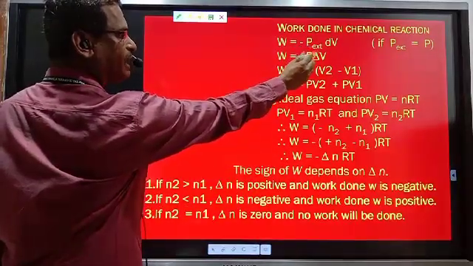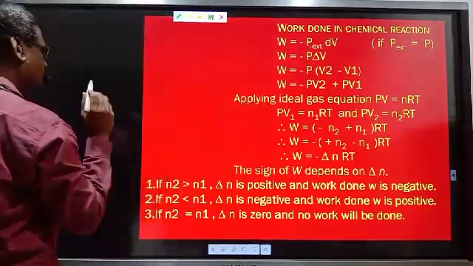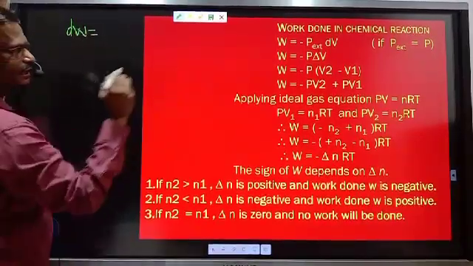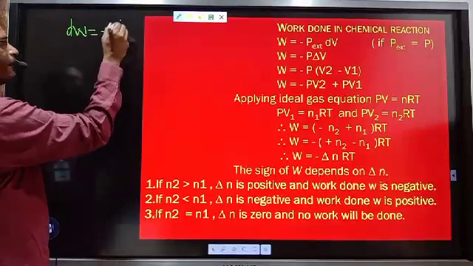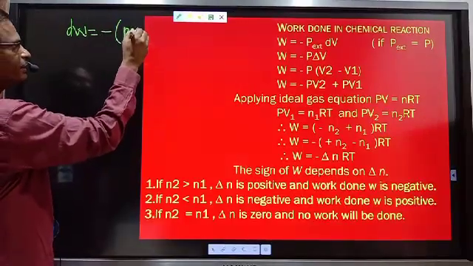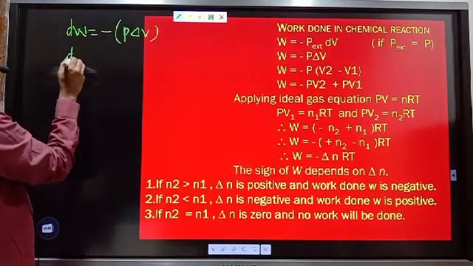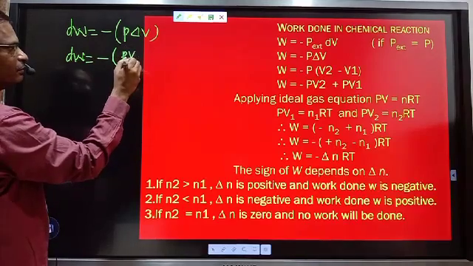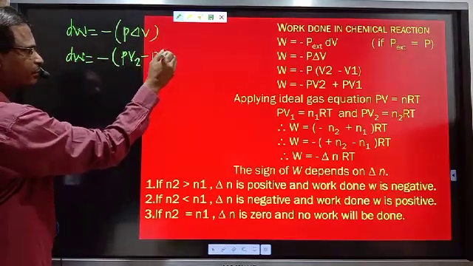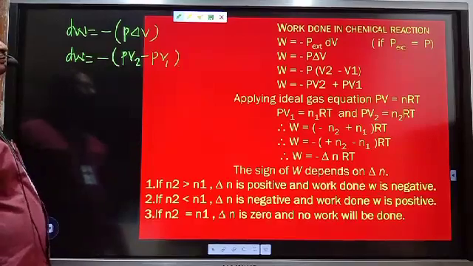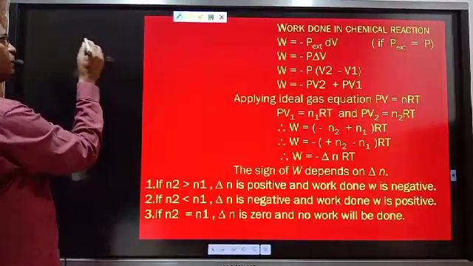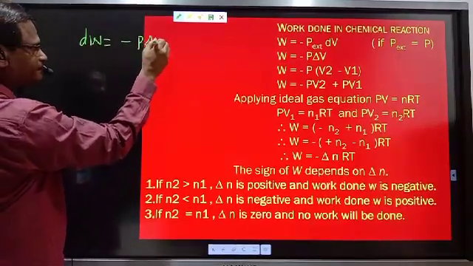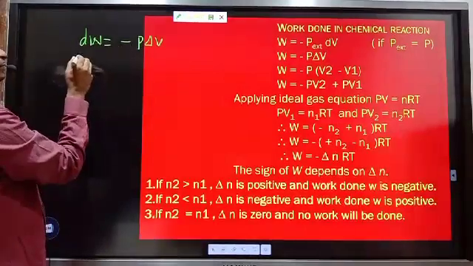W is equal to minus P delta V. See how that is solved. dW, work done, is equal to minus P delta V. Delta V is V2 minus V1.